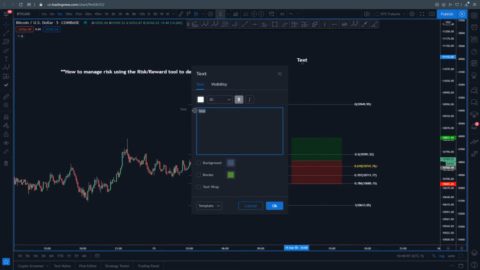Let's say I have a 100K trading account, and I'm willing to risk 1% per trade. So 1% per trade for a 100K trading account means that I can lose $1,000 per trade without going against my risk management principles.